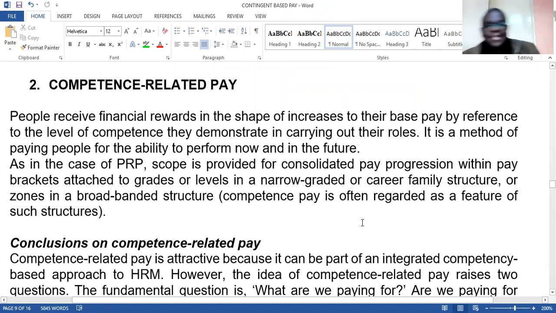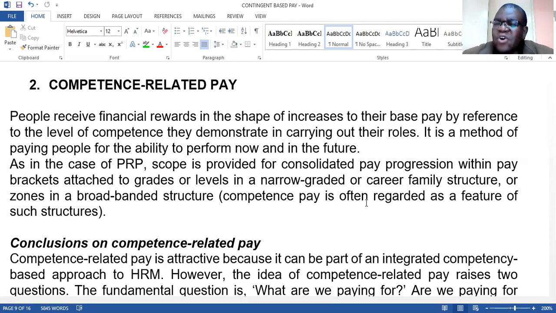Number two is competence-related scheme. The performance-related scheme, you reward employees based on their actual performance. But competence-related schemes are schemes where you want to reward employees based on their ability to perform now and in the future.